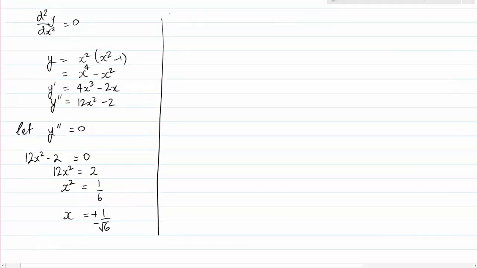So if x is equal to that, then I need to find not only the gradient at this point, but I need to find the original function value at this point. So I start with, at x equals 1 over root 6, y is equal to 1 over root 6 squared, times 1 over root 6 squared minus 1.